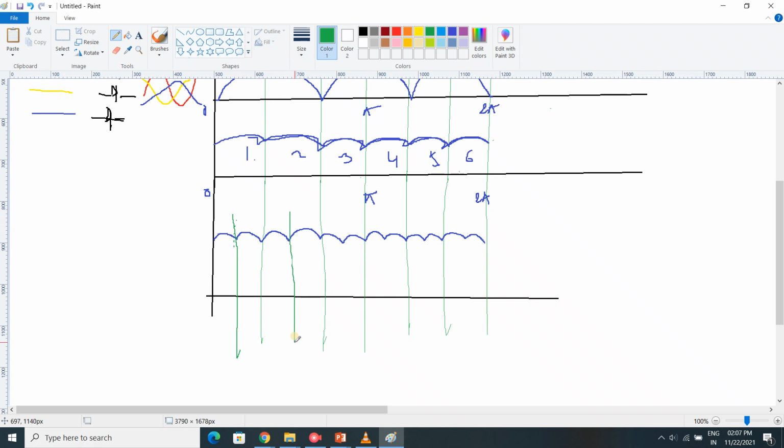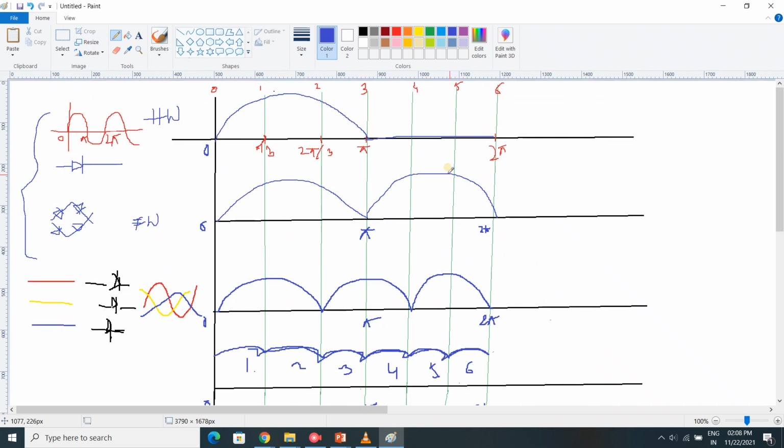That means there is a requirement of another segment also. Now you can see in 12 pulse it is becoming more and more smooth, isn't it? If there is overlapping, the notch will be like this, but still it is moving towards a more straight curve.